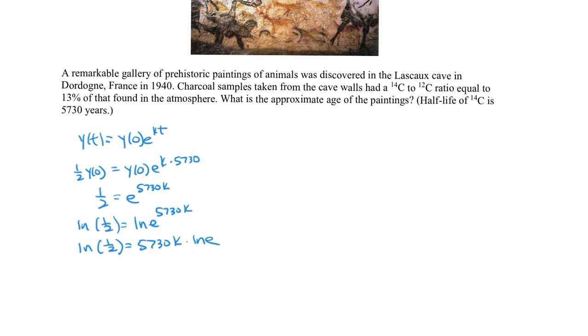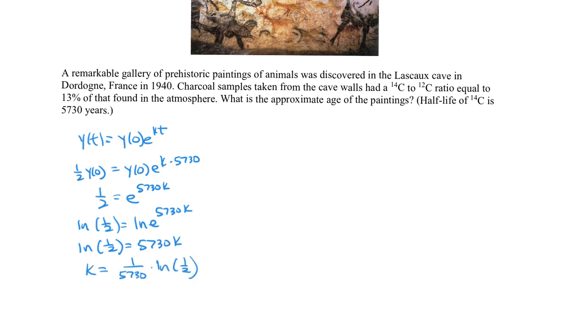Just 1, so I don't even need to write it. Then to get k by itself, I multiply each side by 1 over 5,730. That gives me k equals 1 over 5,730 times the natural log of 1/2.